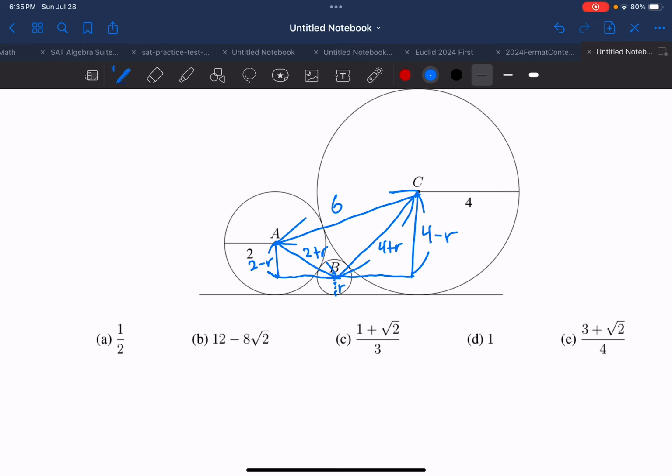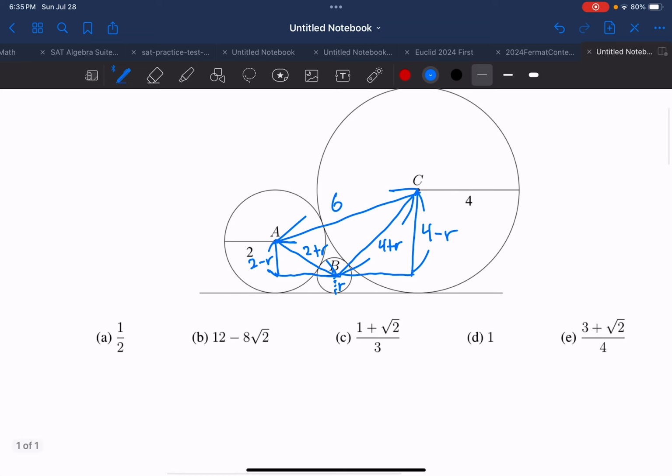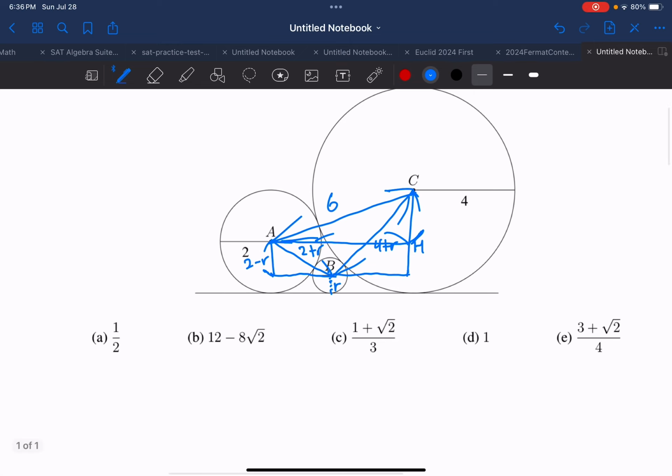And what I'm also going to do is connect like this. We'll rewrite this as the length of C, and this, let's call it H here. The length of CH would be 4 minus 2, because remember, here is 4, and from here it's 2, from the radius of the A circle.